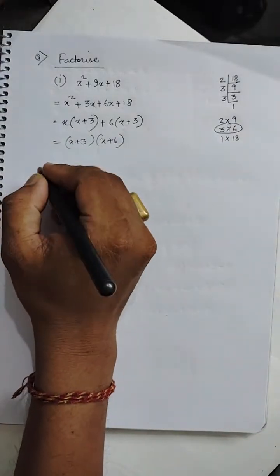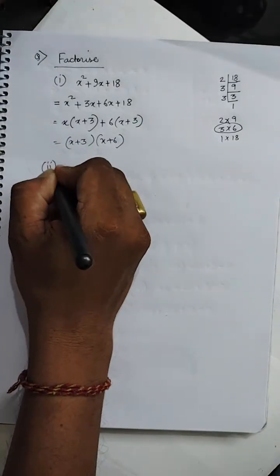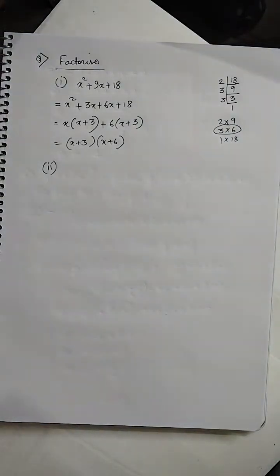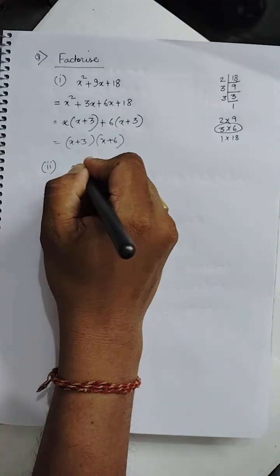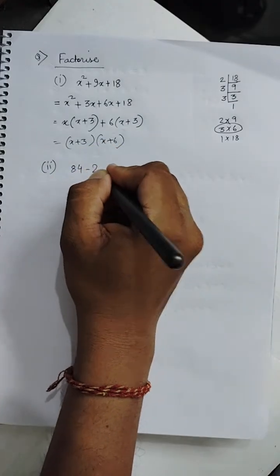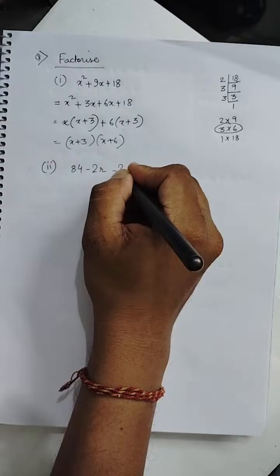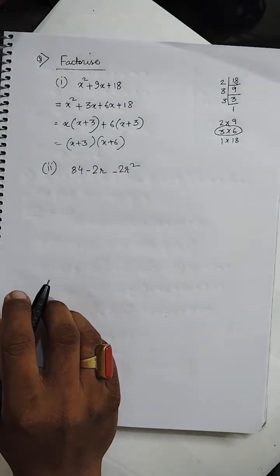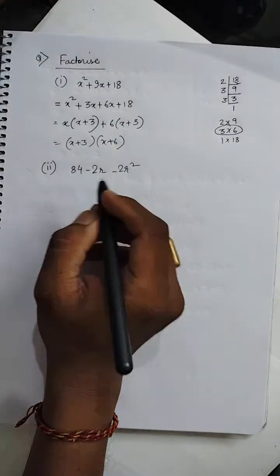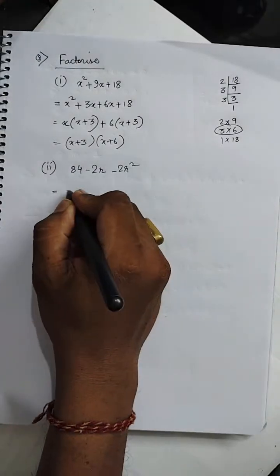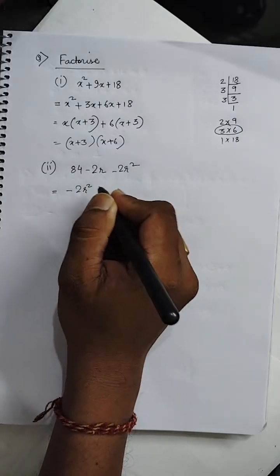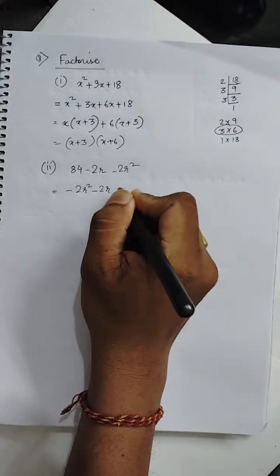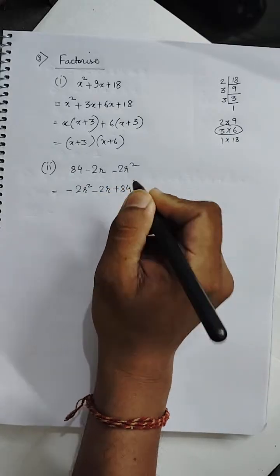Okay, so next, let's take the next factorization. So these are easy factorizations. Splitting of middle term: 84 minus 2r minus 2r square. If you want you can rearrange the terms.